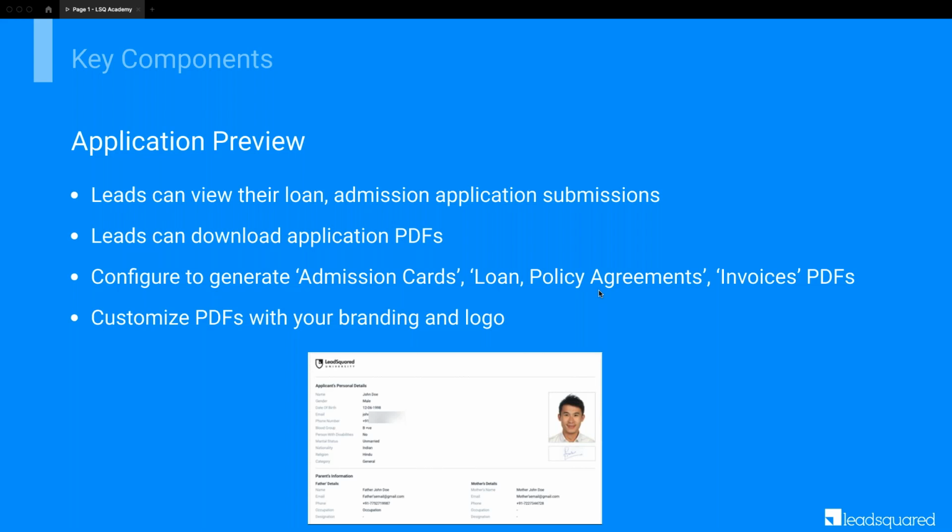You can just write a template HTML according to your PDF template, and then your leads can download those PDFs along with your branding, logo, and whatever customization you want. That is also a cool feature which allows you to extend your business logic to let leads download different agreements and admission cards and things of that nature.